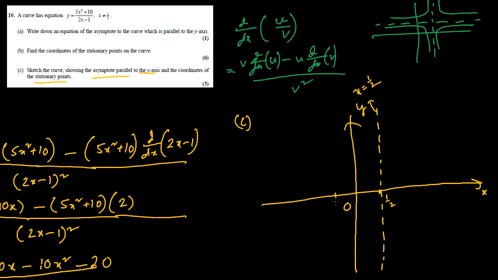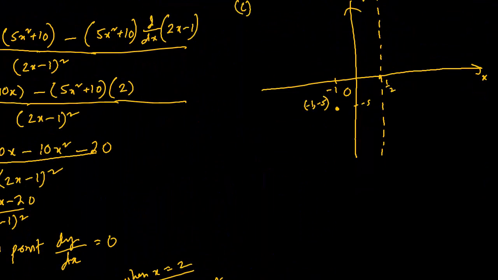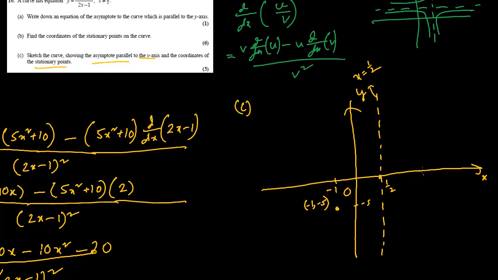So minus 1 is here, minus 5 if it is here, then this is one of the turning points. Let me label it over here, minus 1, minus 5, and the other turning point is 2, 10. So if this is 2 and this is 10, this is going to be (2, 10).